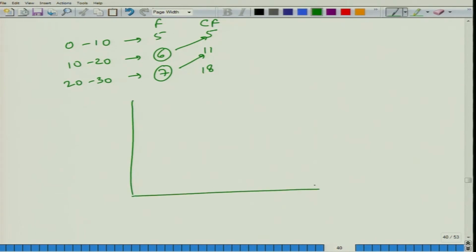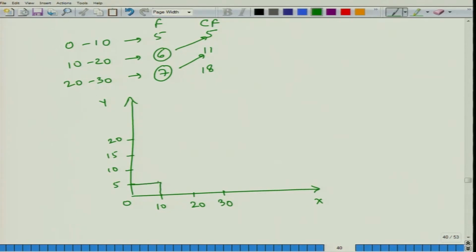Now if we plotted 10, 20, 30 on the x axis, what are the values that are less than 10? We have 5 values that are less than 10.